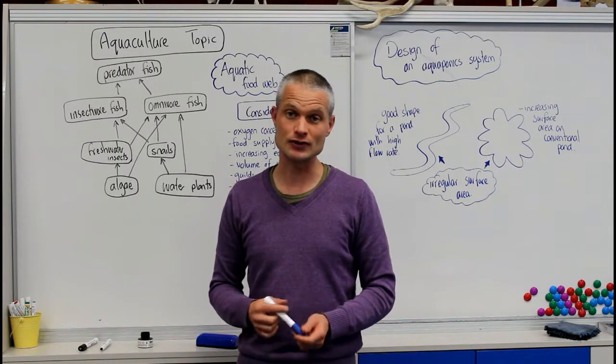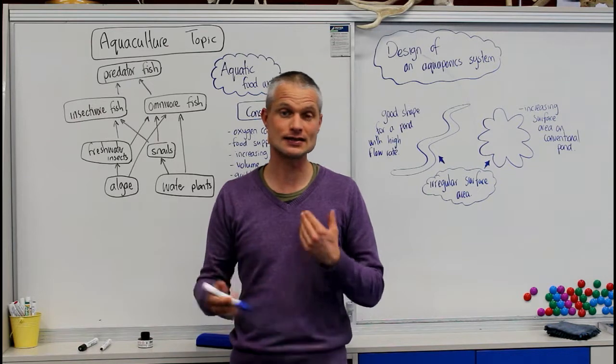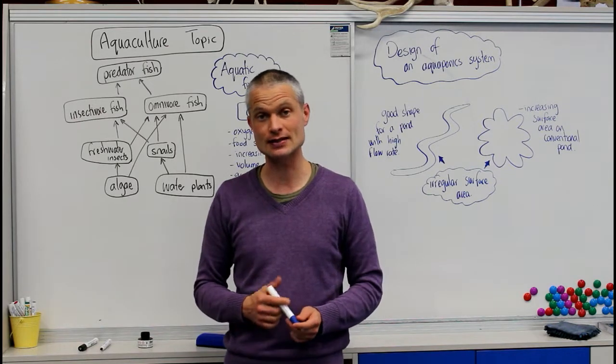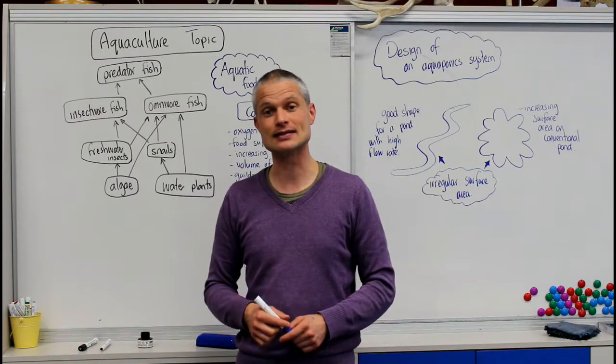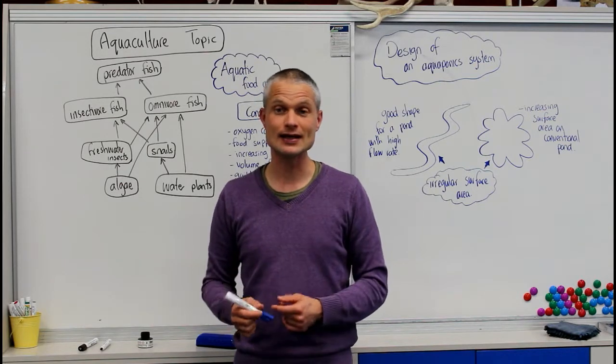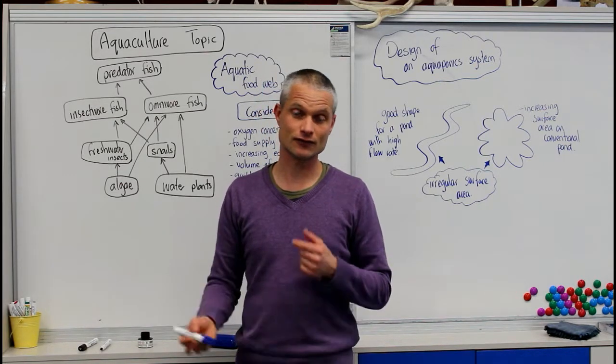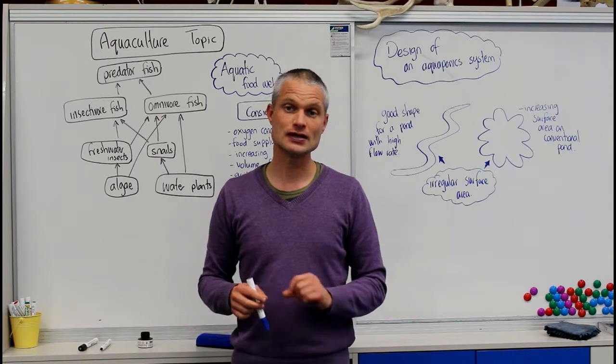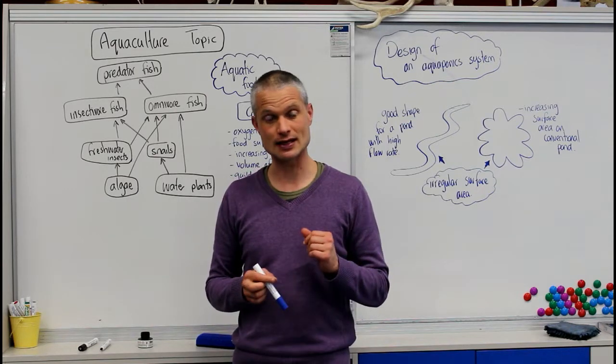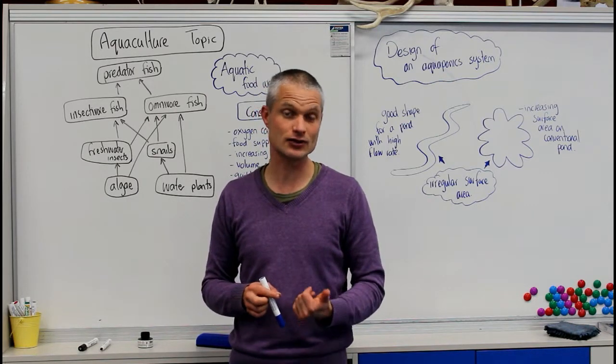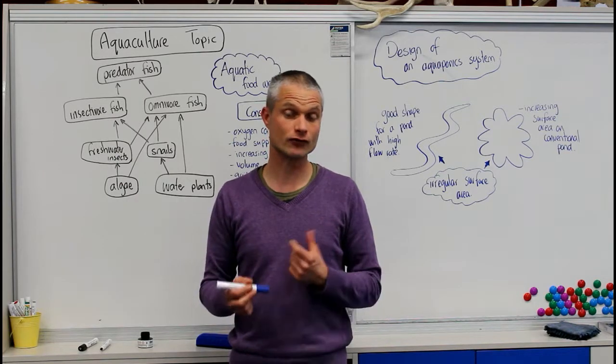So for example, in New Zealand, if we've got a system that's producing goldfish and there's maybe mosquito fish in that system already, you could use those mosquito fish as a feeder fish for the goldfish. The mosquito fish will be more of a small insectivorous fish, while the goldfish is more of an omnivore.